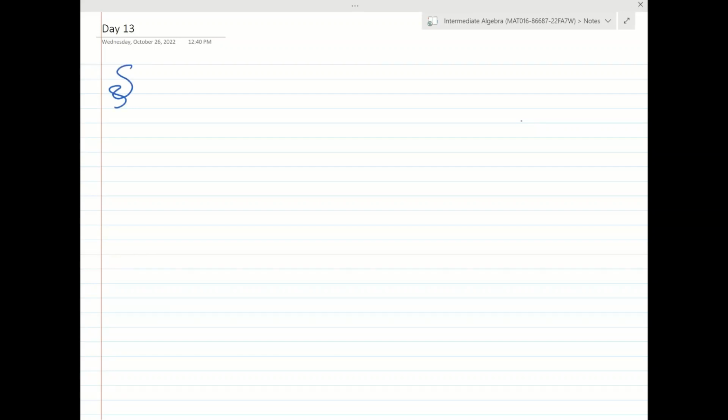Section 15.3, we're going to be adding and subtracting radicals.